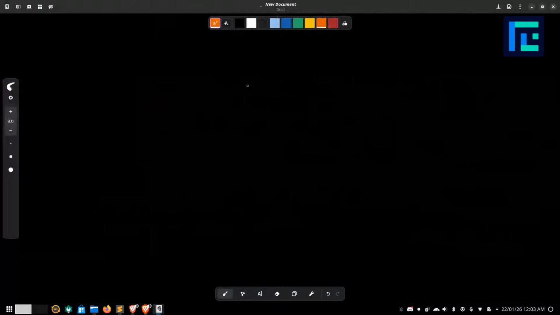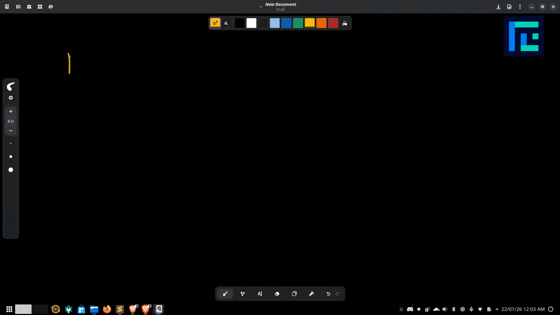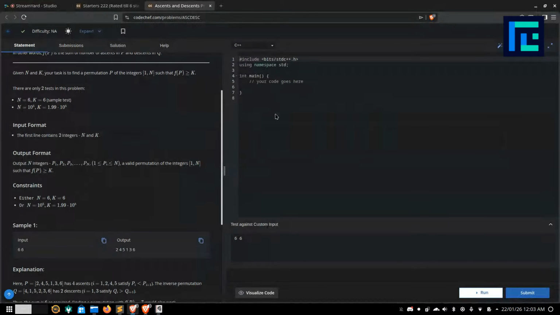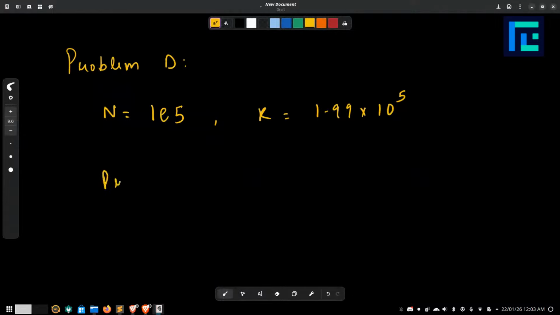So, problem D. Let me write the constraints. For n equal to 1e5 and k equal to 1.99 into 10 to the power 5, we need to find a permutation of n for which f of p is greater than or equal to k.